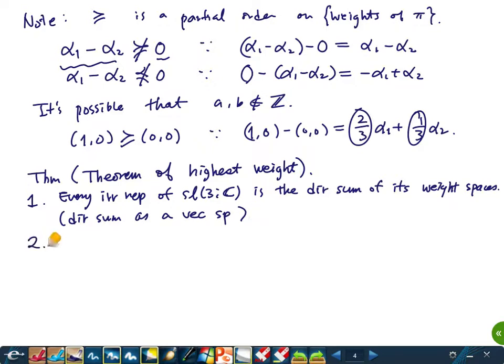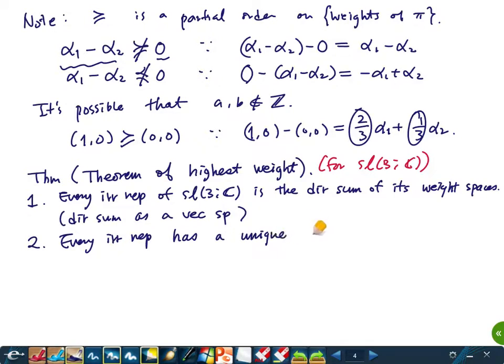And second, every irreducible representation of this, I will just omit this, has, so everything is for SL3C, I will simply omit this. Every irreducible representation has a unique highest weight mu.